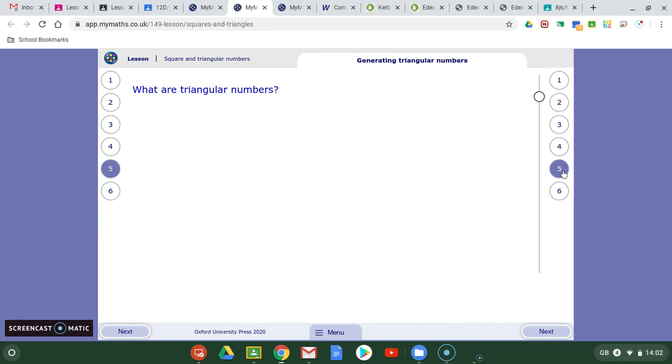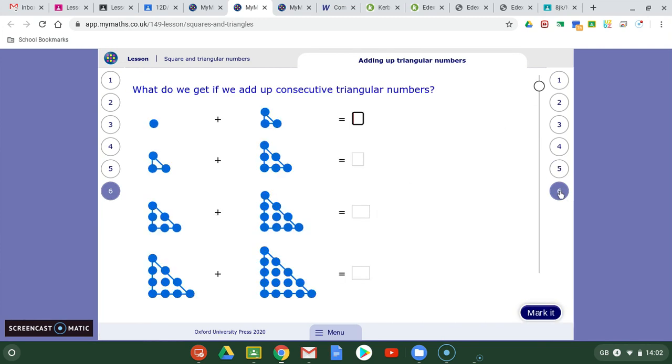And your triangular numbers are 1, 3, 6, 10, 15 and 21. So they're your square numbers and your triangular numbers, and they are special sequences of numbers that you need to know.